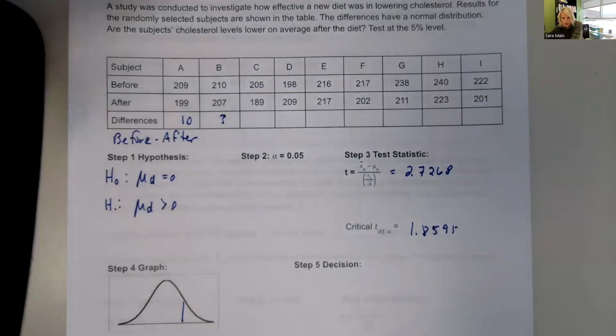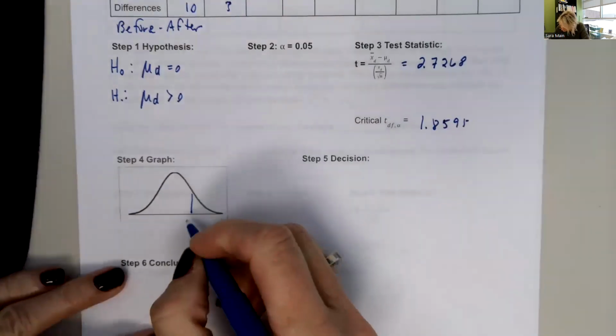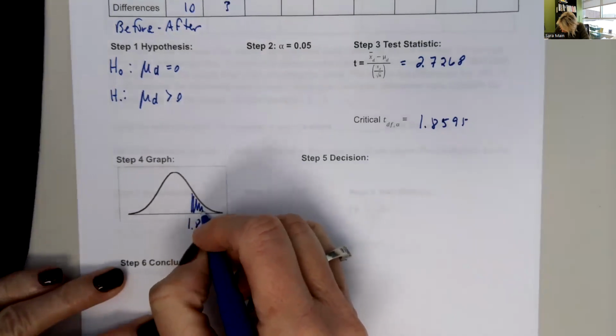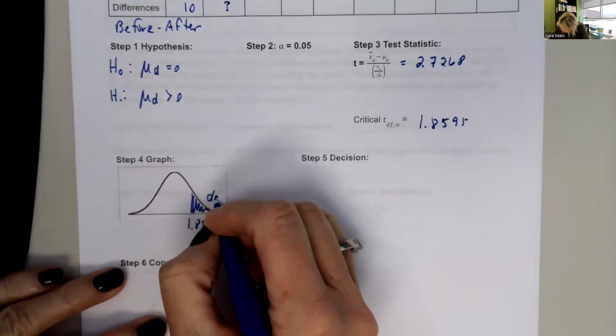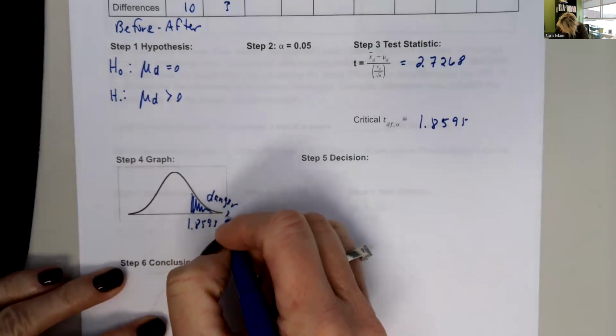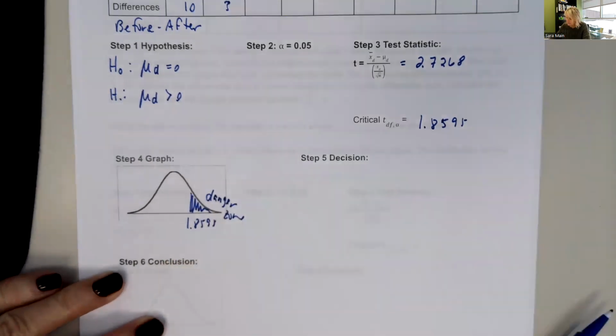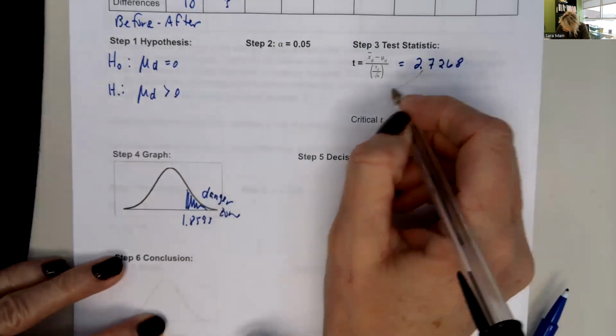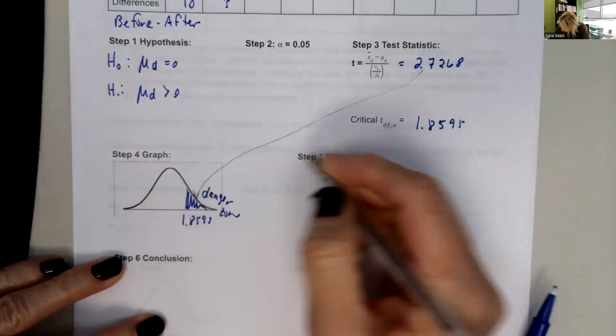Here's our critical T value, 1.8595. And this is the danger zone. And our test statistic is definitely in the danger zone.